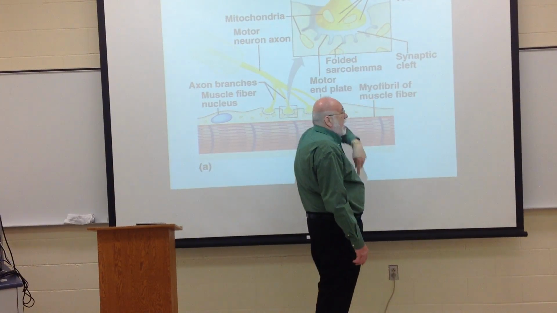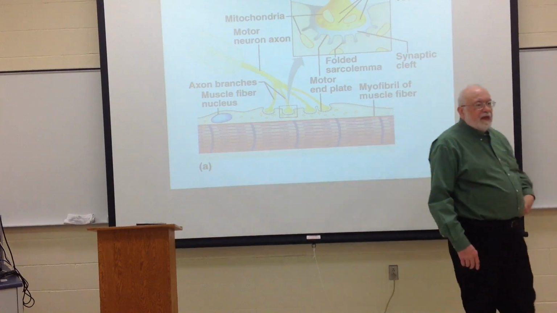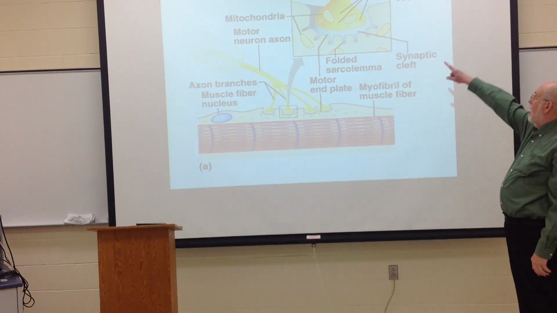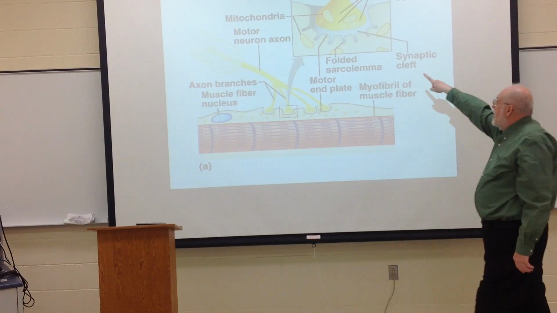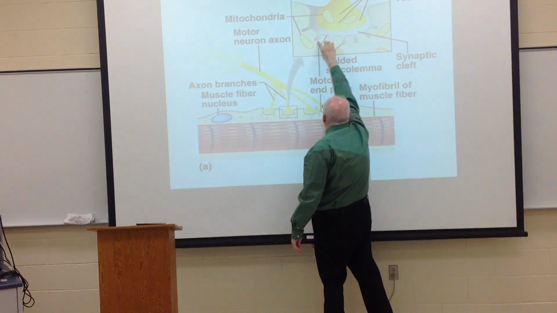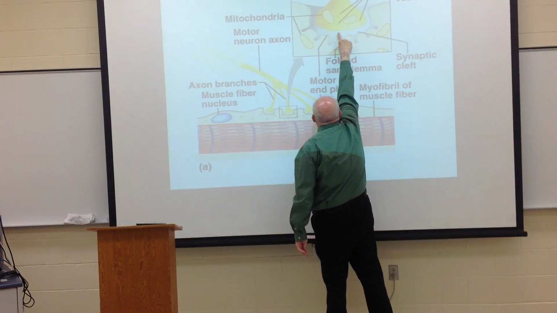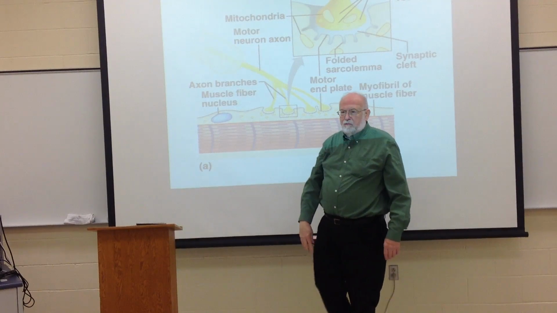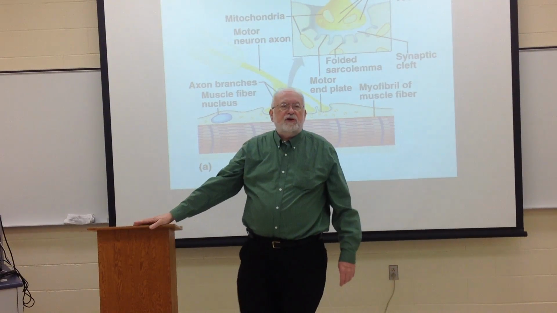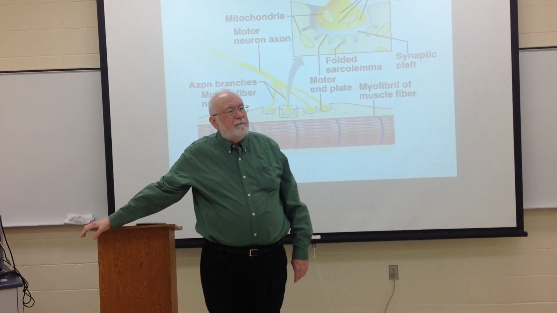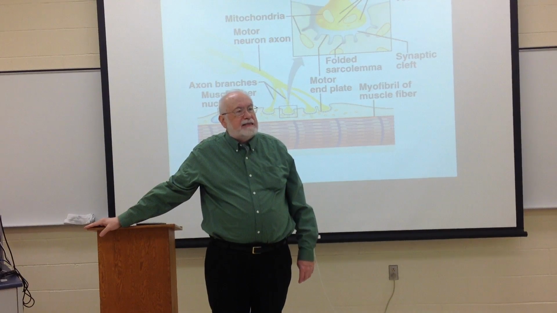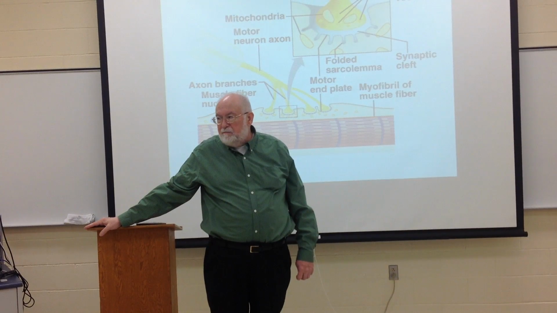All right, up here we have it enlarged. There's a synaptic knob, all right, and here is the motor end plate. And then that gap between the two, the motor end plate and the synaptic knob, that's the synaptic cleft. All right? Remember that one?